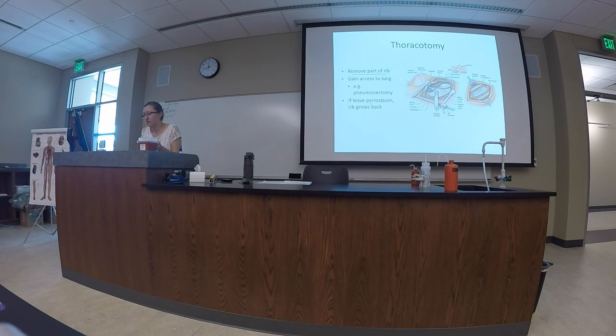And what happens is with that intact periosteum, the rib grows back over a period of, the minimum time frame I saw was about 2 months, and then beyond that, depending on the amount of rib that needs to be regrown and the health of the individual, etc. So just greater than 2 months. But it's pretty awesome to be able to excise a part of a rib and have it grow back. I think that's pretty cool.